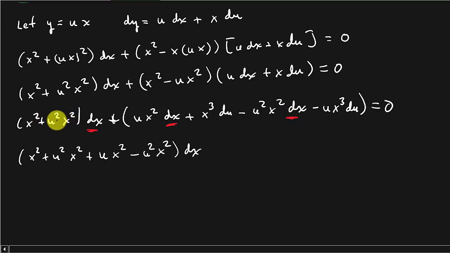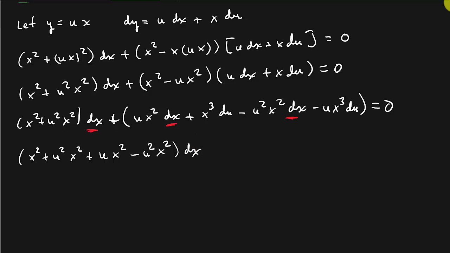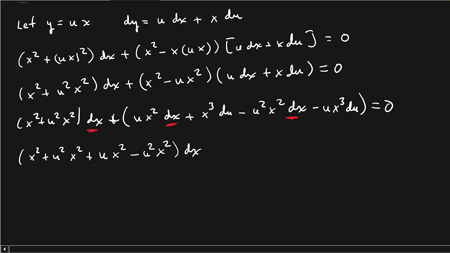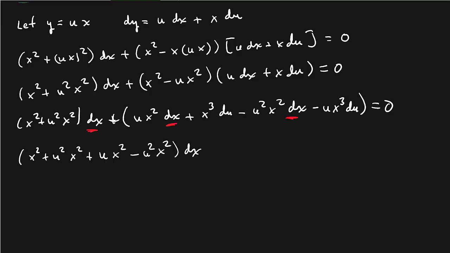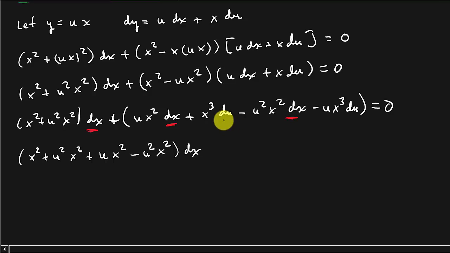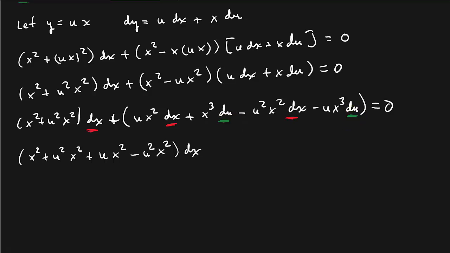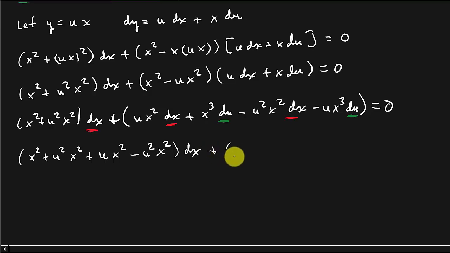So I just took this term and this term and wrote them here and factored out a dx. And then we've got a du and a du. So we can write this as plus x cubed minus ux cubed times du equals 0.